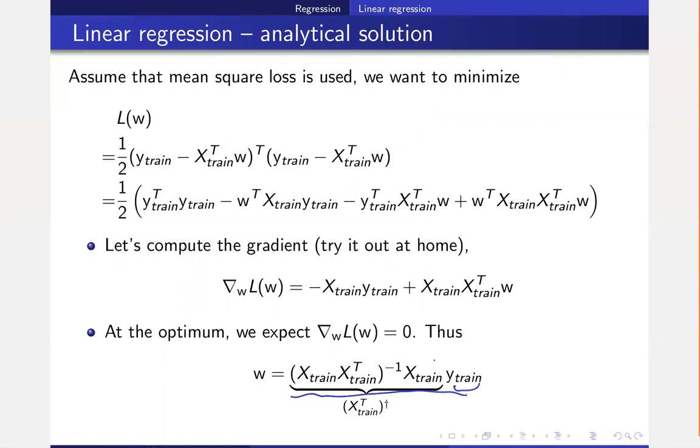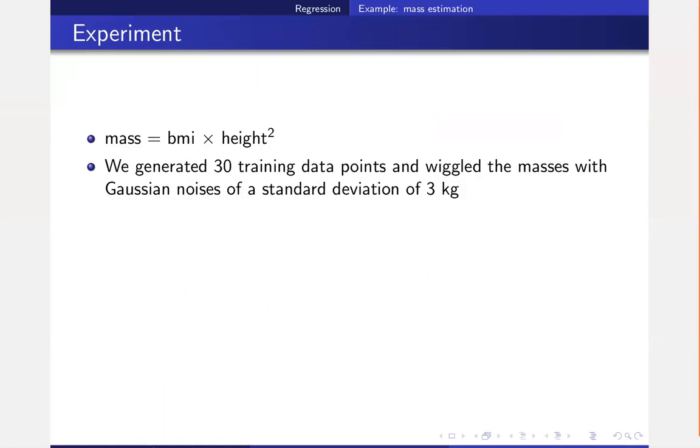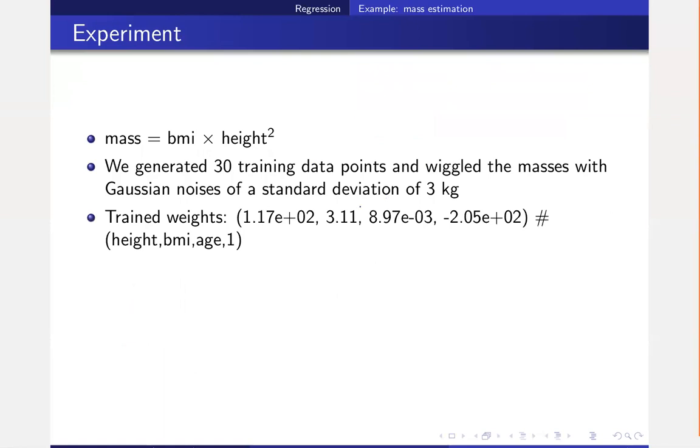multiplied by the y training vector there. In this case, if I play with this kind of synthetic data, I just have 30 data points here, with a standard deviation of 3 kilograms.